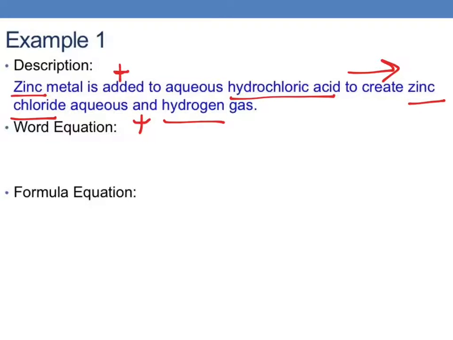What's the formula for zinc? Zn. What is the state of matter of zinc? Solid. It's a solid because it says it's a metal. Is added to aqueous hydrochloric acid. What's the formula for hydrochloric acid? HCl, and it's aqueous.